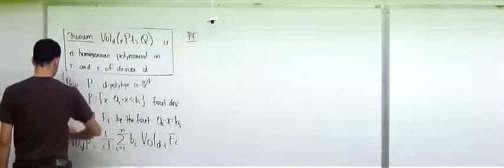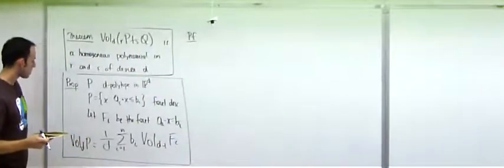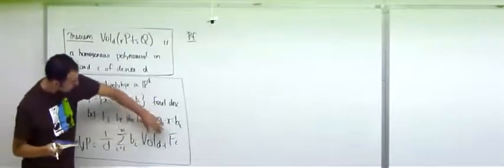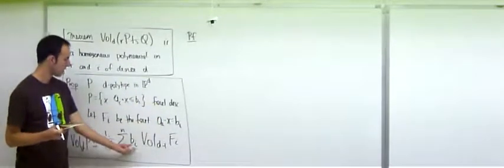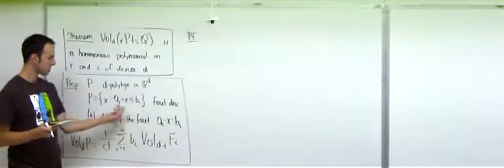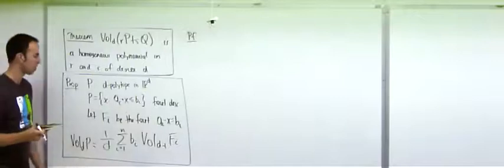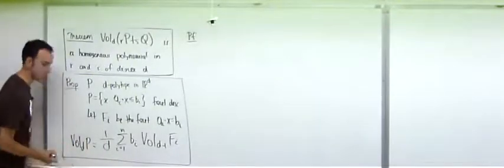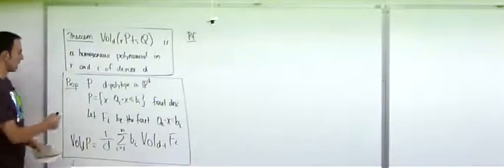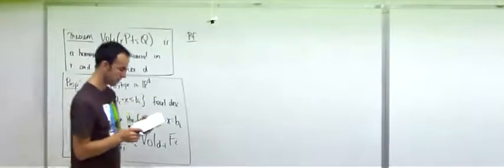Okay. So 1 over d, volume of the facet, and then you multiply by bi, which is the maximal value that functional takes on the polytope. Okay. So we proved this. And now I'm going to use this to prove this. Okay?